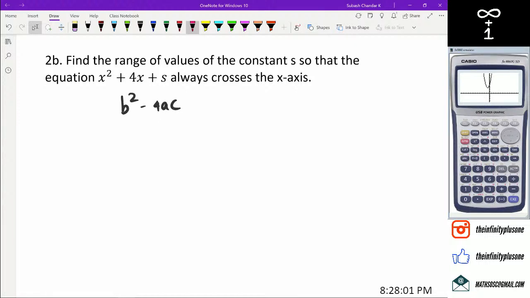And I guess this was a really interesting point: would you actually use less than or equal to 0, or just less than 0? I think it's up for debate, because when it touches the x-axis, the discriminant is equal to 0. But when it crosses the x-axis, we can say that it's less than 0. It's always up to interpretation. Maybe I just wrote a bad question, and that's why I don't write exam questions.